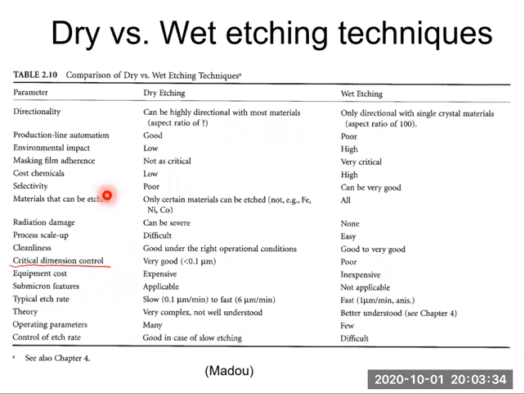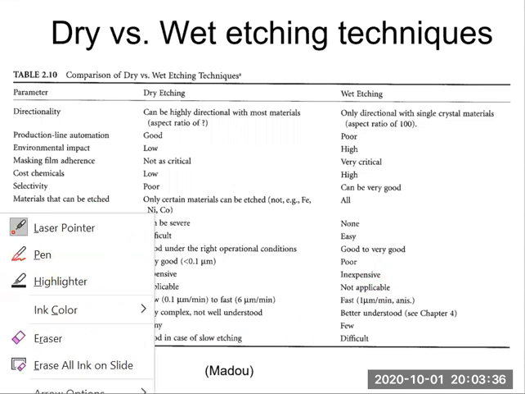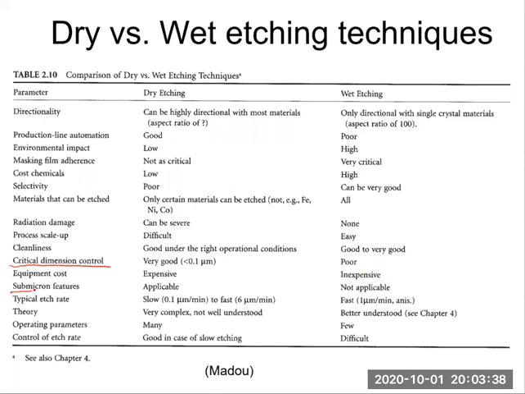Sub-micron features are kind of equivalent to critical dimension control. For dry etching, sub-micron features are applicable, or even nanometer features. Wet etching is not applicable, because of the undercut.